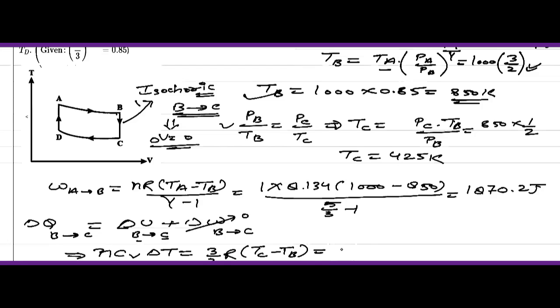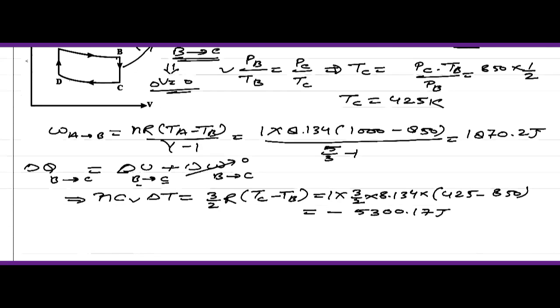Now if we solve this, n is equal to 1, 3 by 2, R is the gas constant, that is 8.314. After that, the change in temperature will be 425 minus 850. So if we solve this equation, we get minus 5300.17 joule.